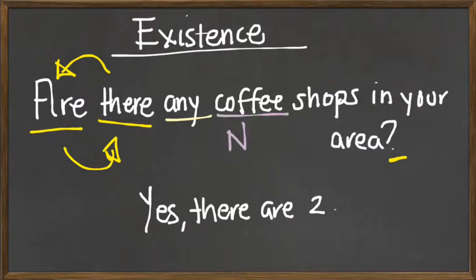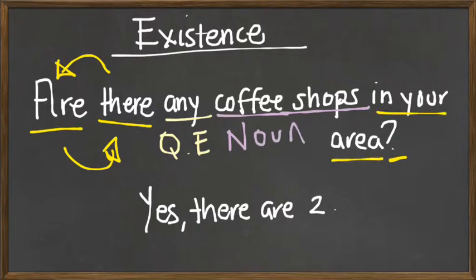Well, let's write that: quantity expression, the noun, and finally, all right, let's make a little correction there. Coffee shop is the whole noun. And finally, the rest, which is in your area, and that would be the complement.